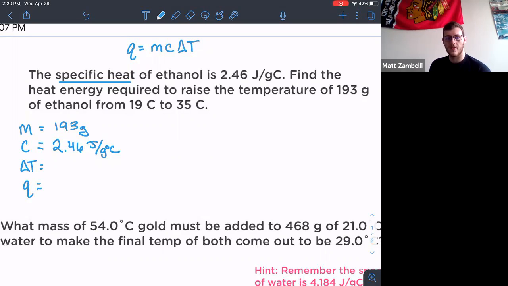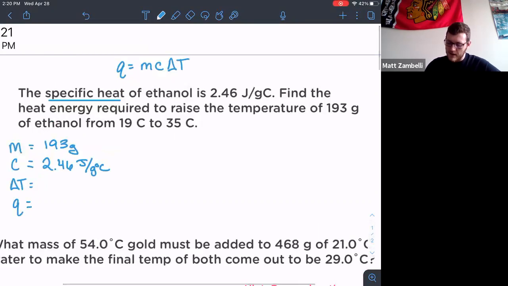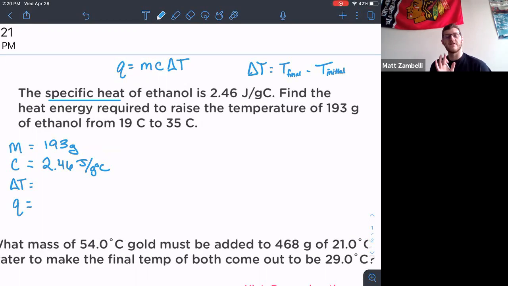Those temperatures or those energy? That's going to be our delta T. And the other thing I want us to remember is that delta T is our final temperature minus the initial temperature. So it's always final minus initial.